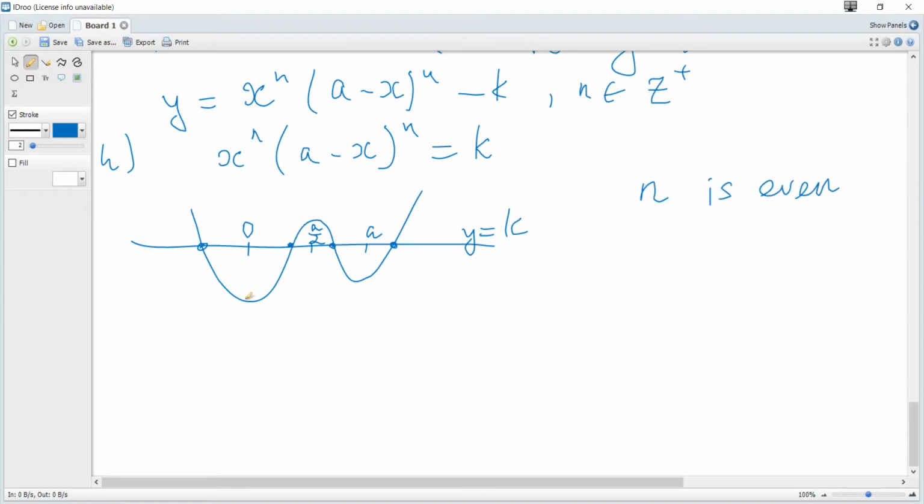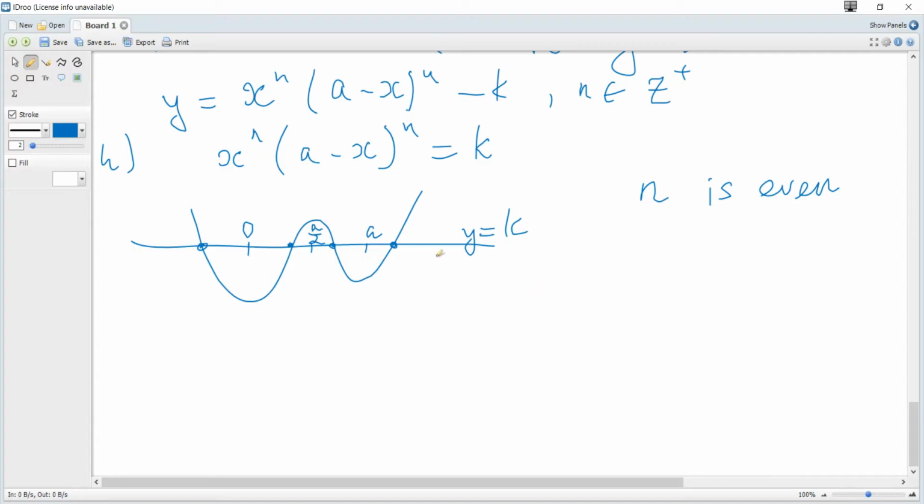Otherwise the function will be always increasing about the origin, and this point at x is 0, it's a point of inflection, but we cannot get 4 roots at all, so it must be like this.